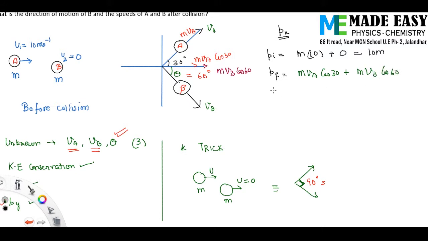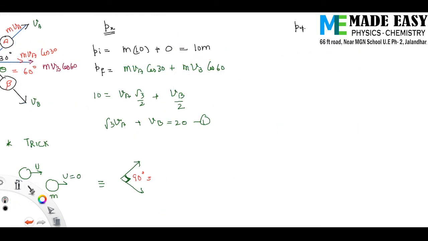Conserving momentum along the x-axis, we get 10 equals VA cos 30, which is root 3 by 2, plus VB cos 60, which is half. From there you get root 3 VA plus VB equals 20. Equation number 1.